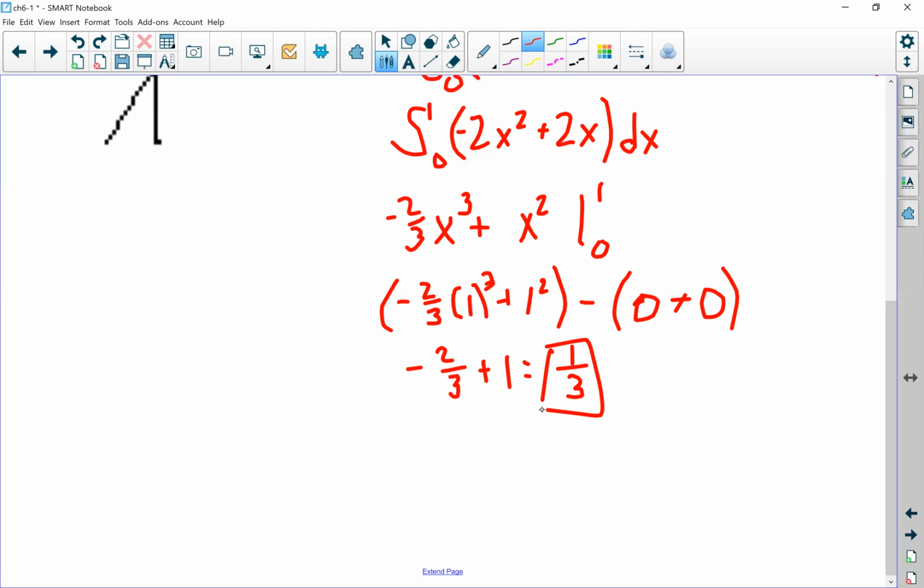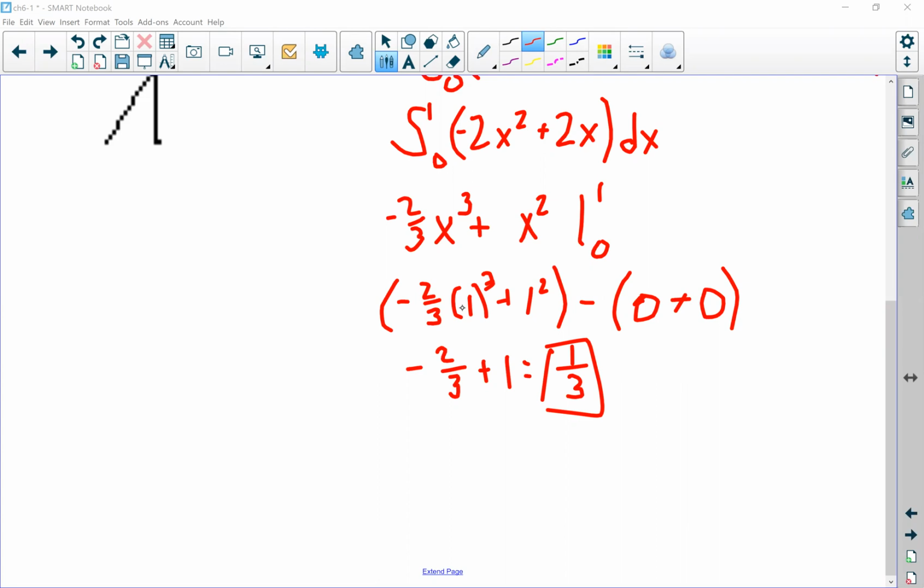So on a problem like this, if you forgot or had the wrong function as your larger function, the only difference would be your answer would be negative.